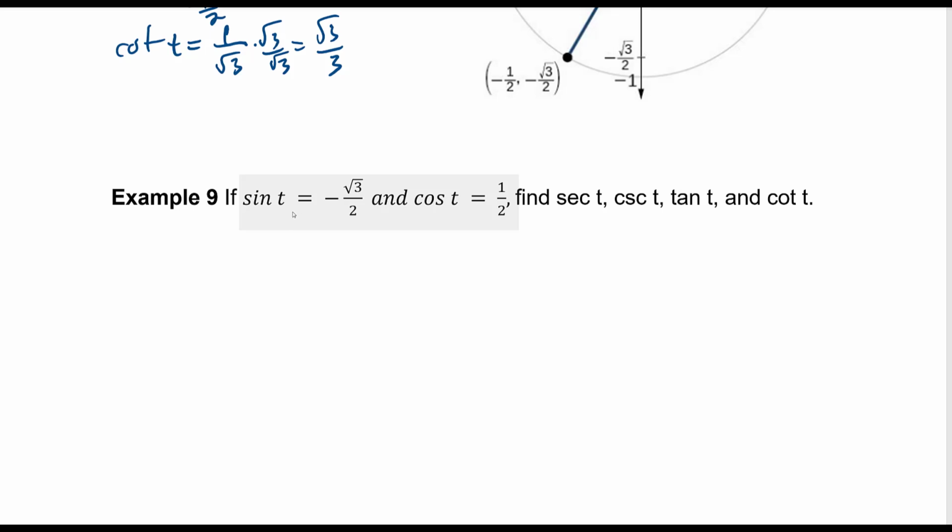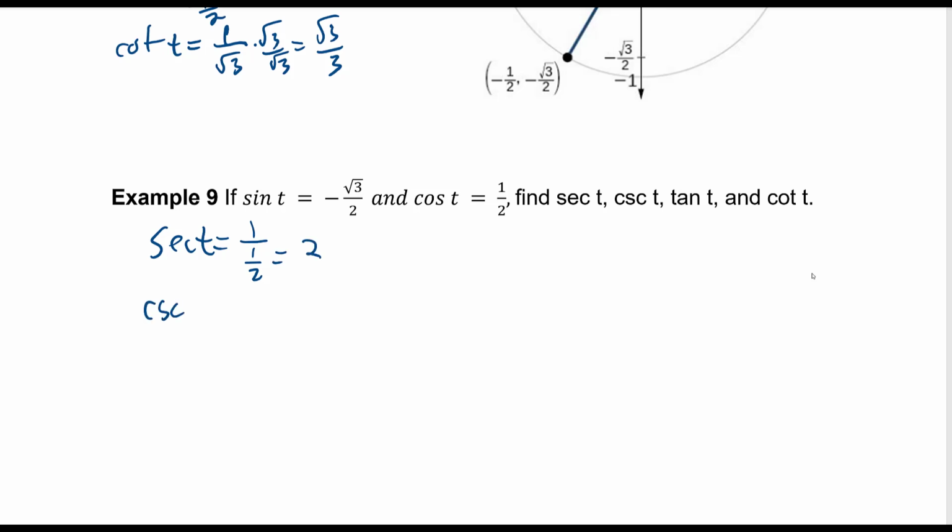So if sine of t is negative square root of 3 over 2, and cosine is 1/2, find secant, cosecant, tangent, cotangent. Our secant t is going to be 1 over the cosine, so 1 over 1/2, that's going to be 2.